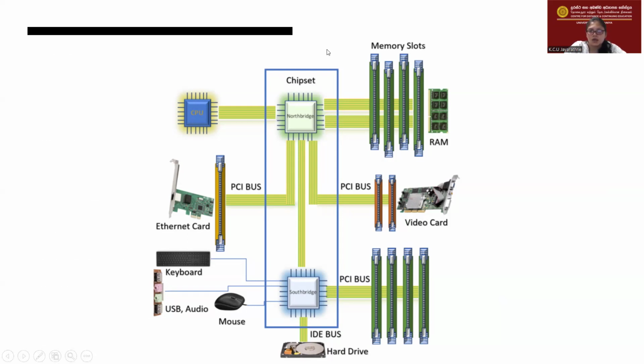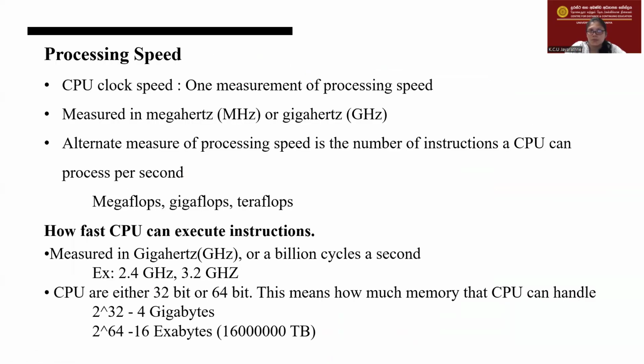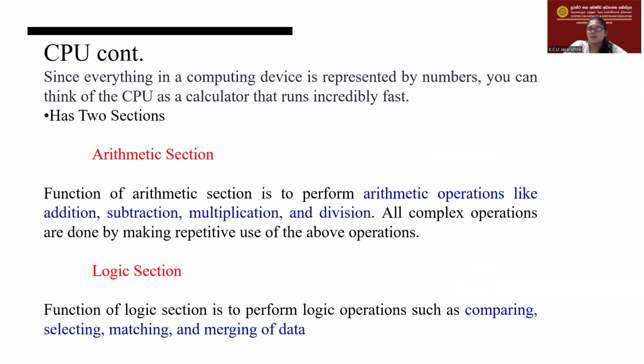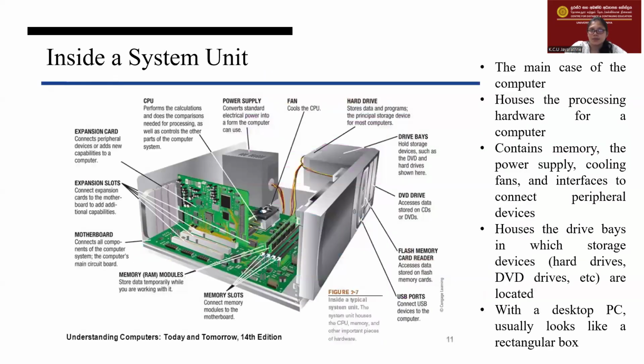I hope you have understood the main features in the computer and how the CPU works. As I mentioned earlier, the CPU is the main function in the computer. Inside the system unit, we can see the CPU.